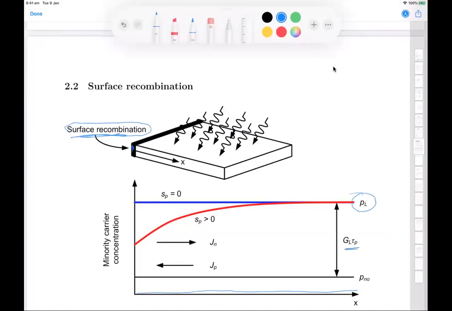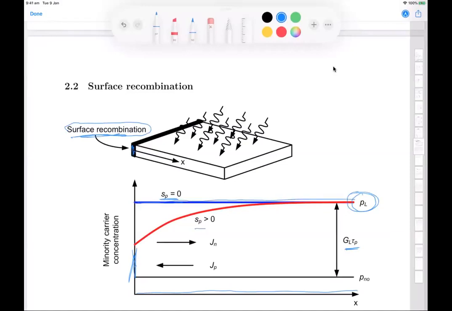However, as we get close to this surface recombination zone here, there will be an increased rate of recombination, and so we expect the population to be less than the population a long way from the region. So if there is no surface recombination, we expect the population of the minority carriers to be the same everywhere.